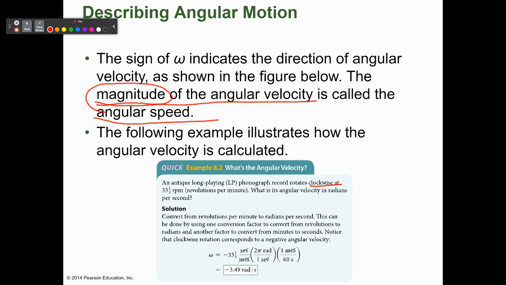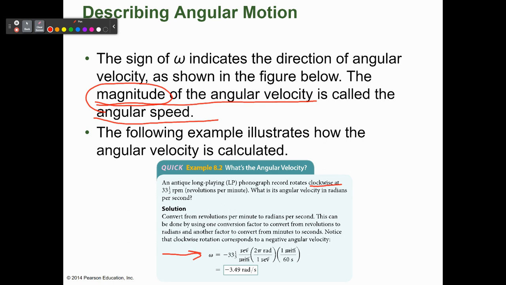So here they're just wanting us to change the units. So we're just going to be doing dimensional analysis. But the fact that it's going clockwise lets you know that this angular velocity is negative. So that's why when we put it in here, we put negative 33 and a third revolutions per minute. And then remember, if we want to get rid of revolutions, we put revolutions on the bottom, and we know that one revolution is 2 pi radians.